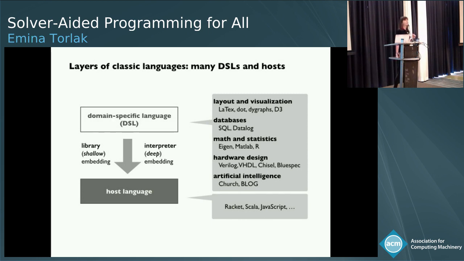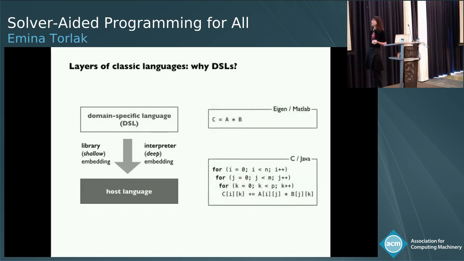So now you might be wondering why this focus on DSLs. And it turns out that DSLs are useful, right? People build them all the time. And there are two primary reasons for that, and they're best illustrated by an example. Here is an implementation of matrix multiplication in a linear algebra DSL, so something like Eigen or MATLAB.